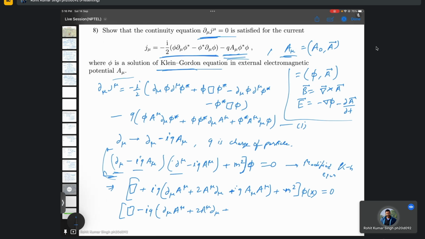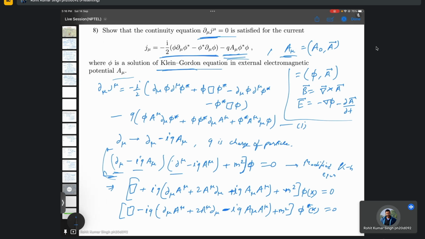Oh no, this one is plus i, this one is minus i. And phi star is the complex conjugate function of phi.